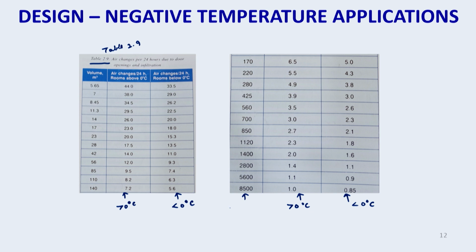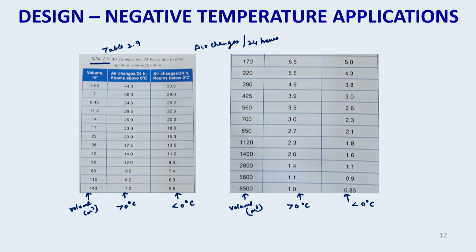This is volume in meter cube, here also volume in meter cube, and the values are air changes per 24 hours.